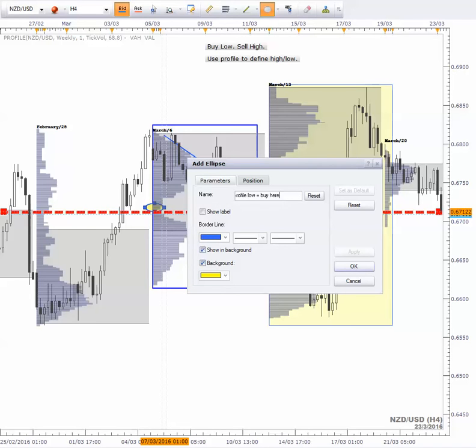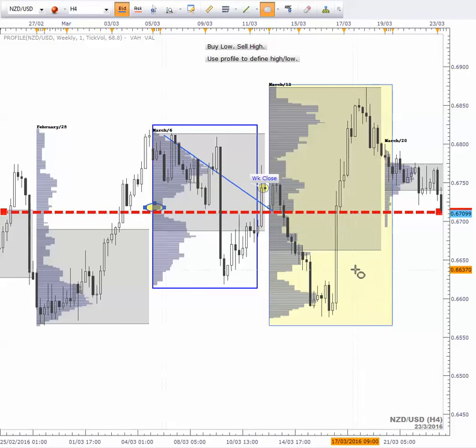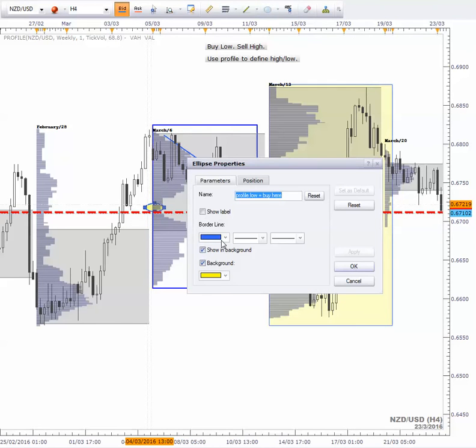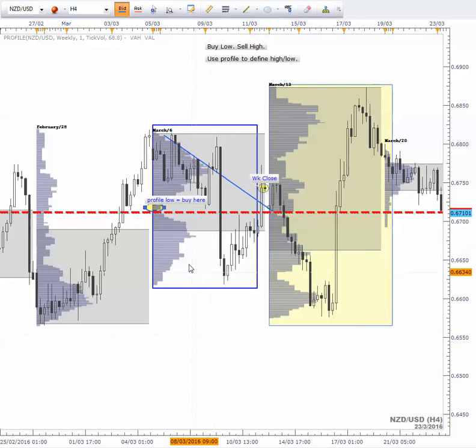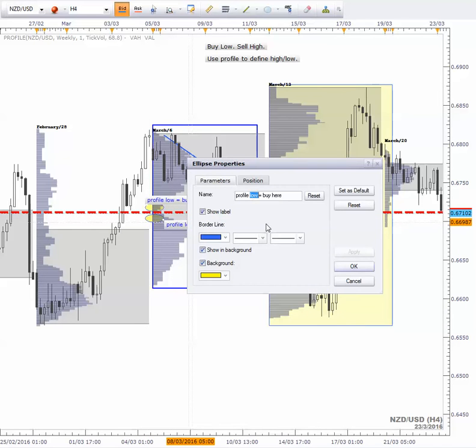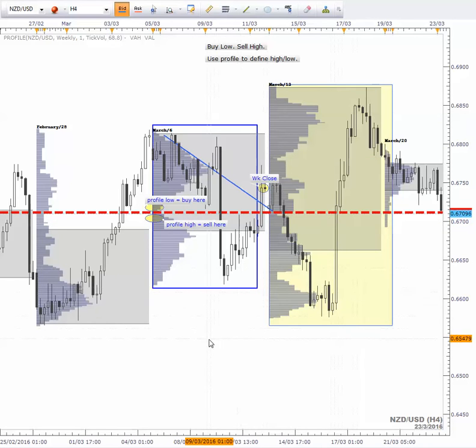Buy here. I want to buy. Then below it, profile high, and I want to sell here. All right, so let me talk about what that means.